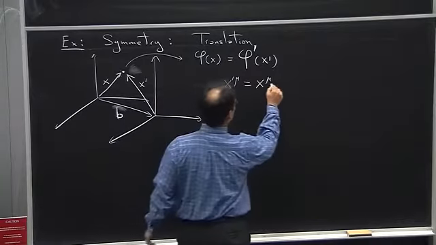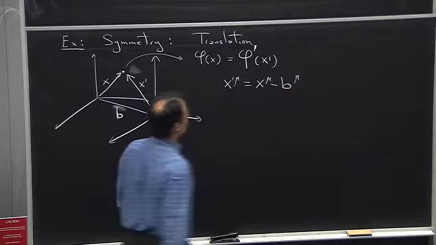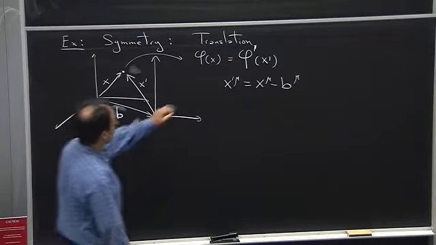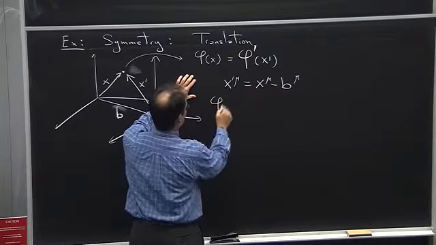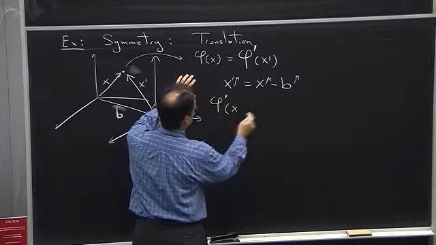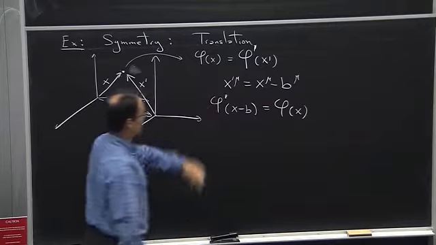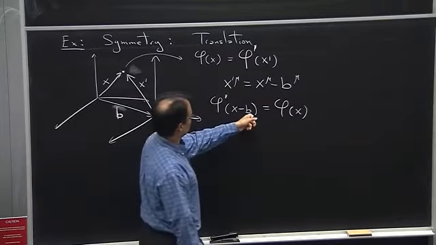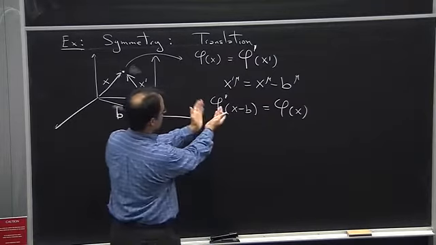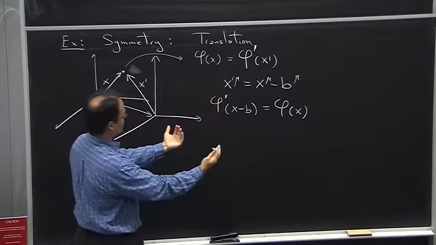Minus b. Very good. Okay. So we have that our field at x minus b has to be equal to our field at x. Now let's actually shift this backwards so that we get the new field after performing a translation.